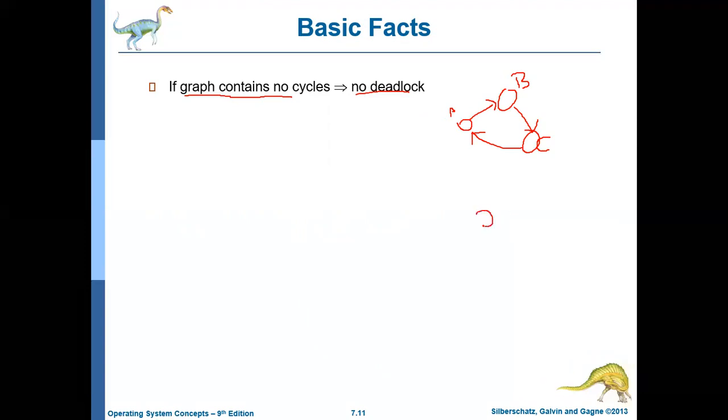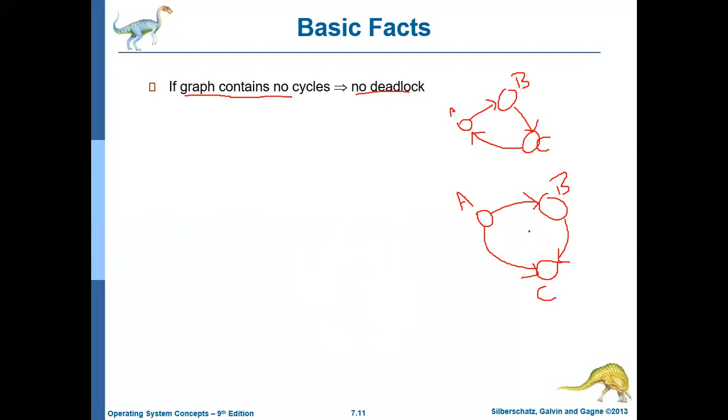But assume it is this way: A is pointing to B, and B is pointing to C, and C is not pointing to A, but again A is pointing to C, okay.